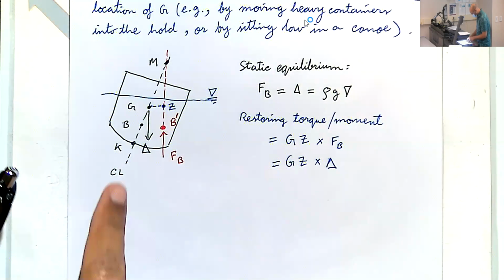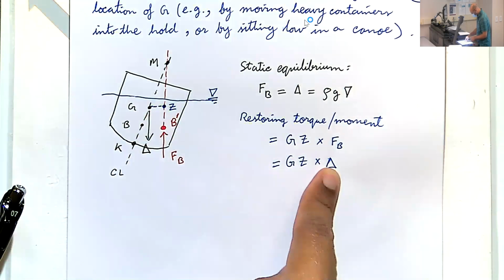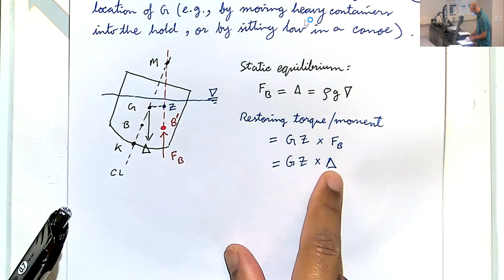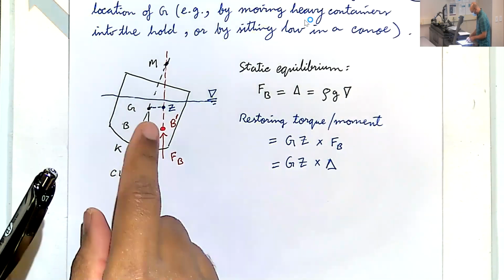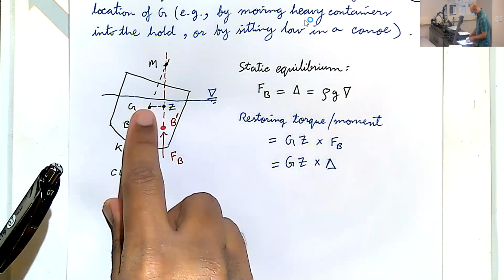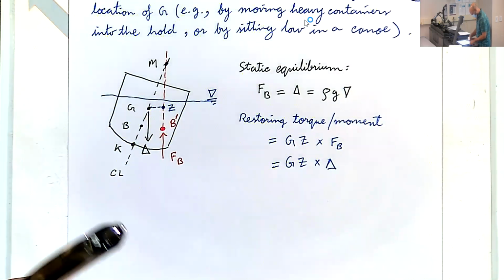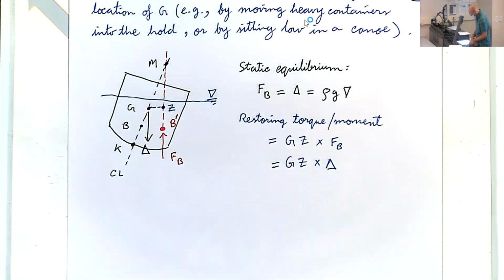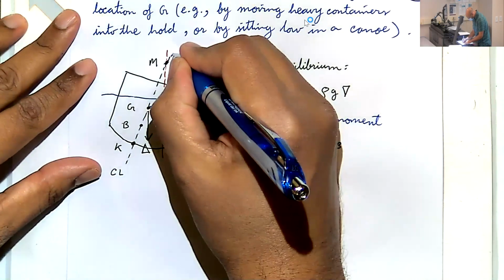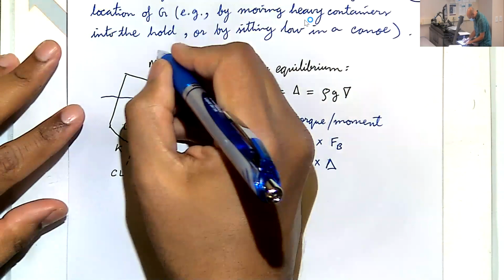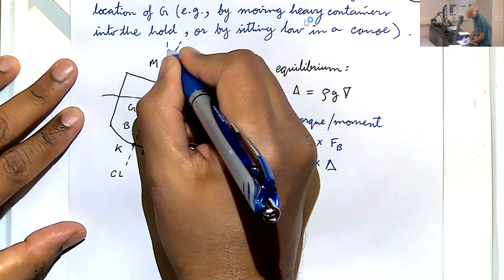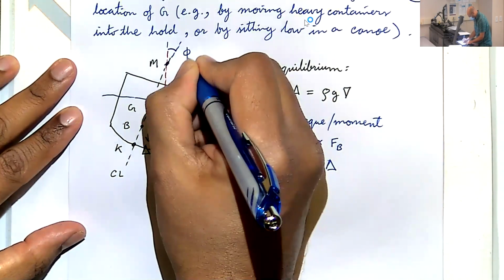Now, to find out what this GZ value is, we know what delta is. That's the weight of the ship. To find what the GZ value is, let's do a bit of trigonometry. So let's call this roll angle phi. This angle is phi from the vertical.